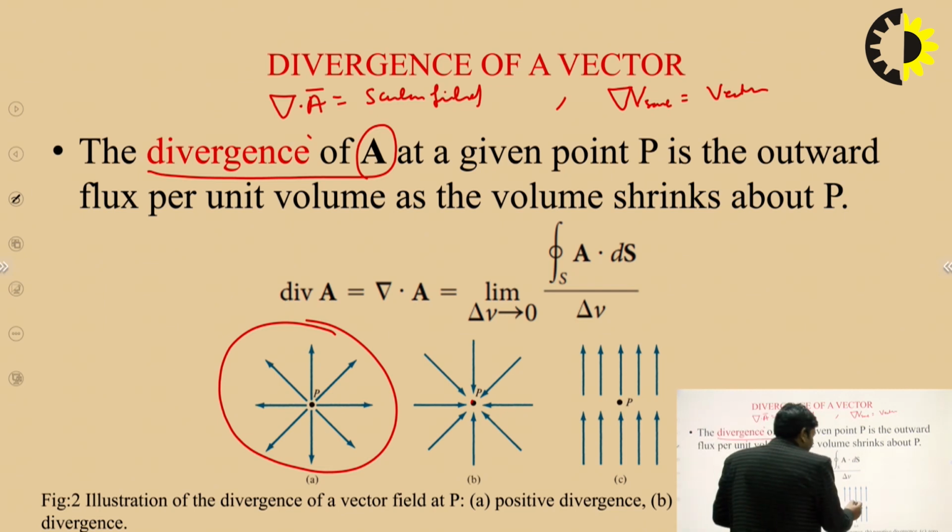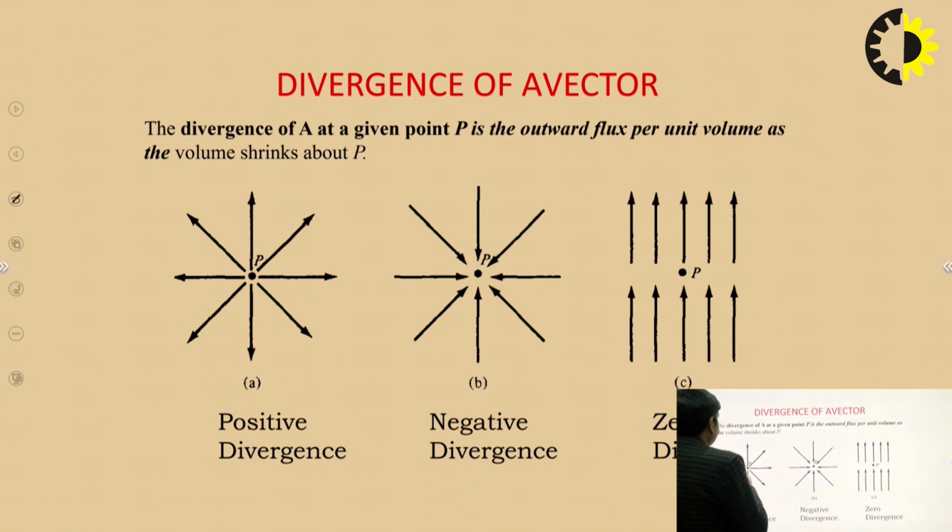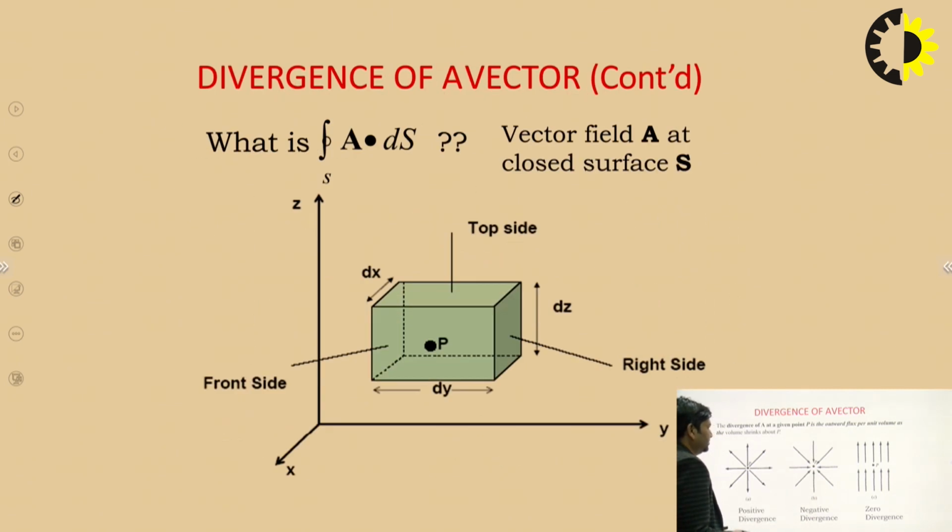If about the point P the electric or magnetic flux is constant, neither converging nor diverging, we can say this is zero divergence, or solenoidal. So this shows positive divergence, negative divergence and zero divergence.